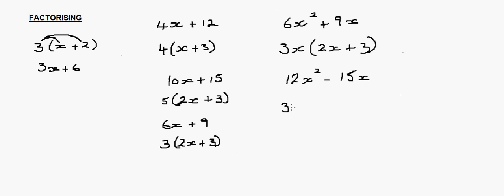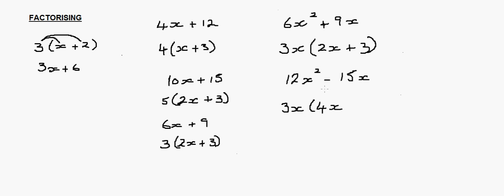So x will come out. I can't pull out x squared because every time I multiply anything inside the brackets, we're going to get x squared, and this is only x, not x squared. So 3's into 12 I know is 4, and x multiplied by x will give me x squared. So 3x times 4x will give me 12x squared.